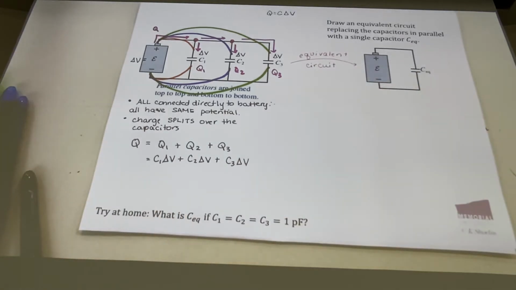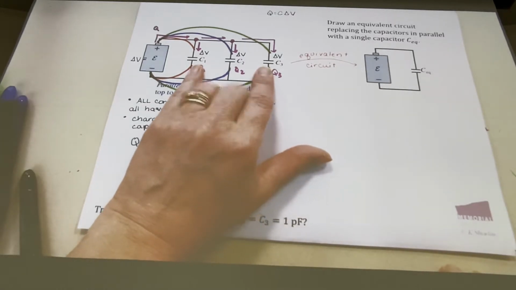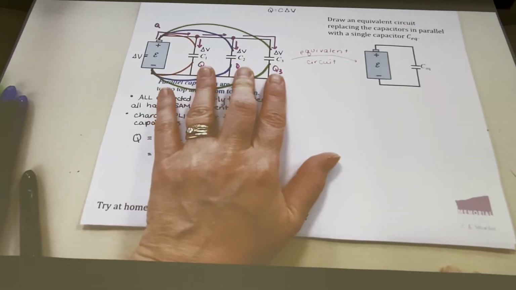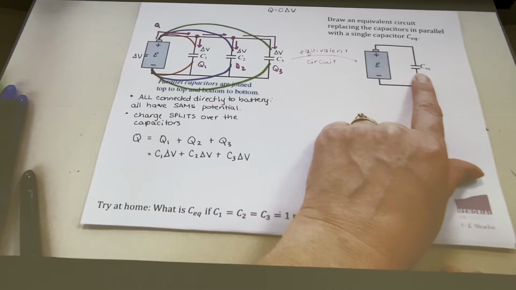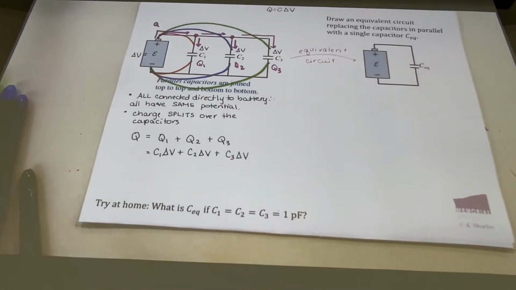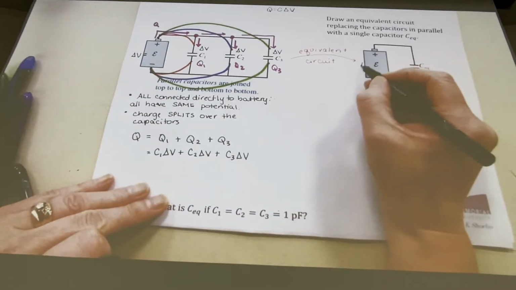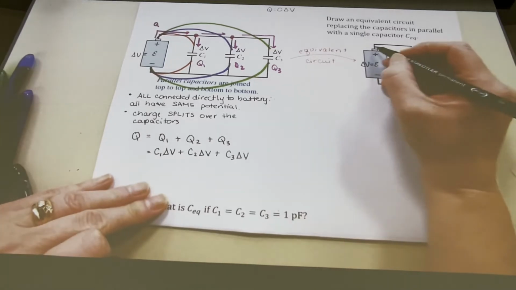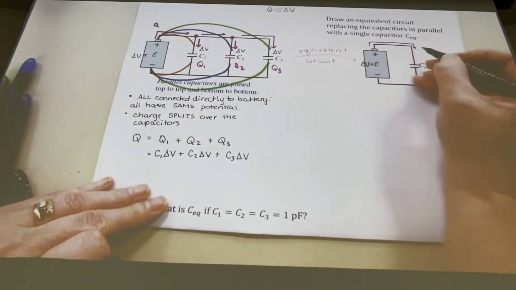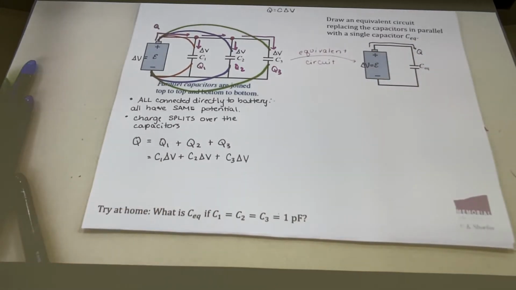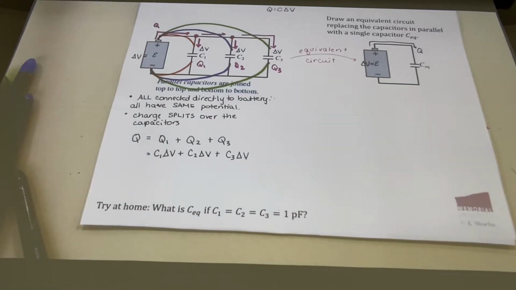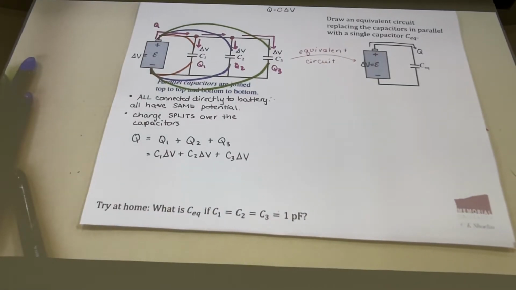And what that means is we take out these 3 capacitors that are connected in parallel. We put in a single capacitor, and for the potential of the battery, delta V or epsilon, we get exactly the same amount of charge delivered. Okay? So same delta V, same Q, and we figure out what our equivalent capacitance is.